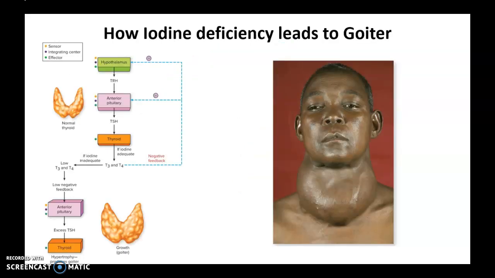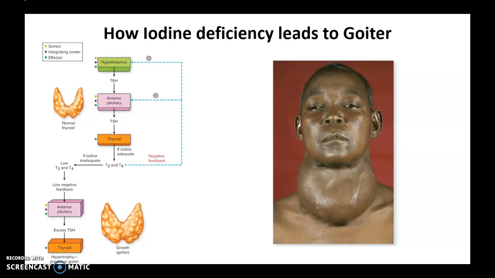All right. Now, what happens if we do not get iodine through diet? Well, if we don't get iodine, remember the process of thyroid hormone production? If you don't have iodide, obviously you cannot make T3 and T4, which are thyroid hormones.